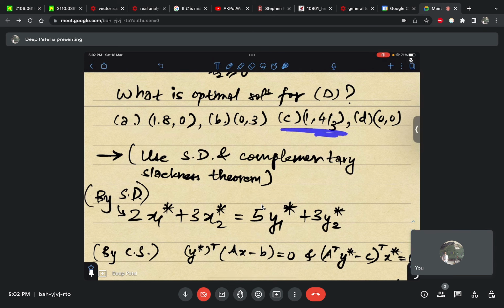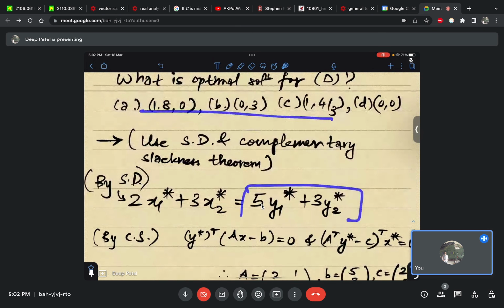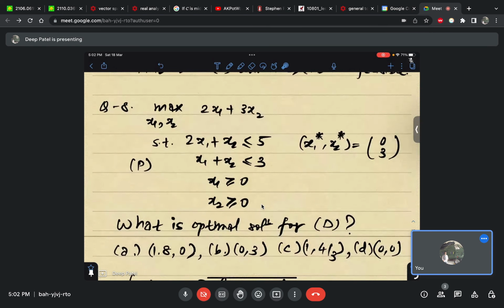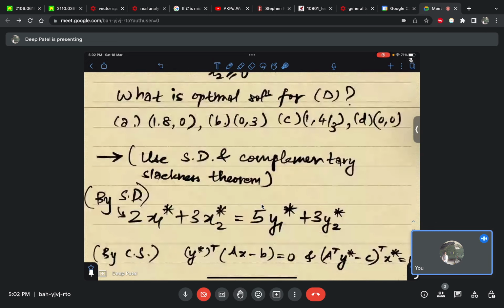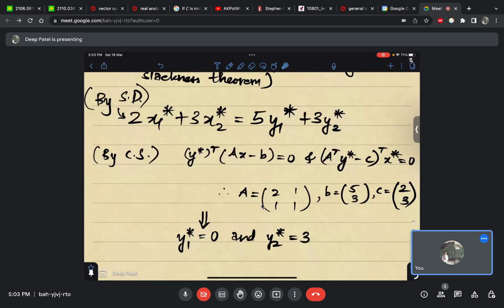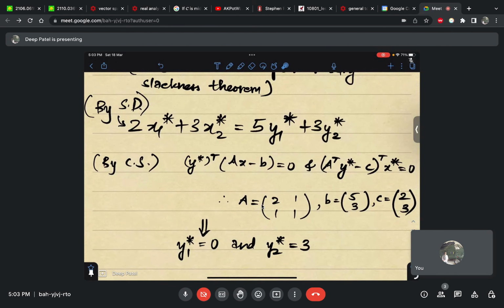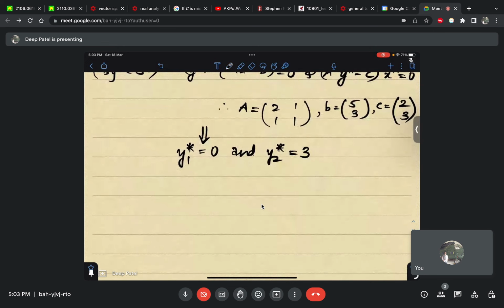But you can narrow down the options somewhat. D definitely goes out, 0 0. But if I just look at strong duality, I think A, B, C all satisfy the optimal value 9. Even for C, 5 plus 4 is 9, and same for here. So maybe at least strong duality helps us eliminate D. It is somewhat obvious because we know that x1 star, x2 star are not 0, so not of much help. I'm just skipping this step, but it's pretty much the same as the last problem.